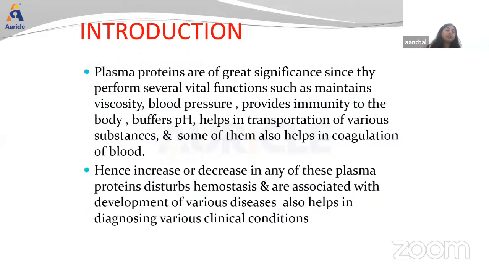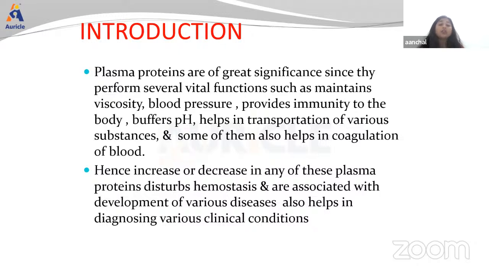Coming to the introduction, we know that plasma proteins are of great importance since they perform several vital functions such as maintaining viscosity and blood pressure, providing immunity to the body, buffering pH, helping in the transport of various substances, and some of them also help in coagulation.